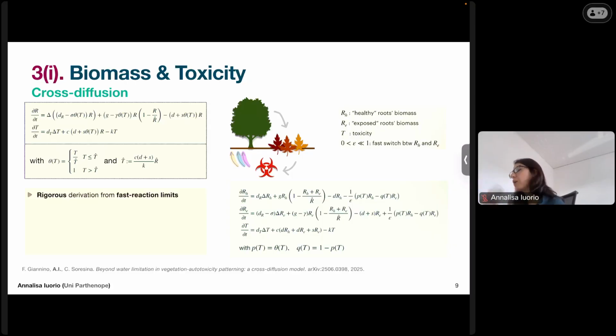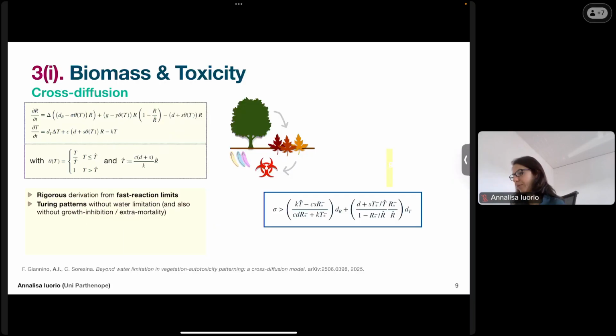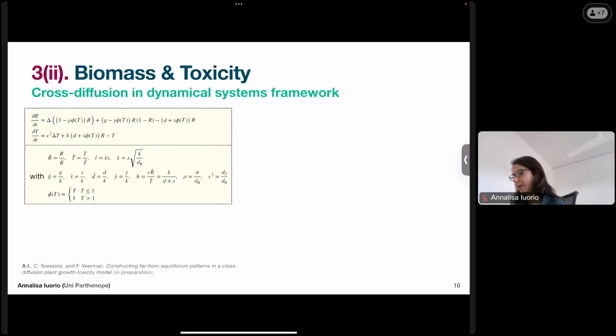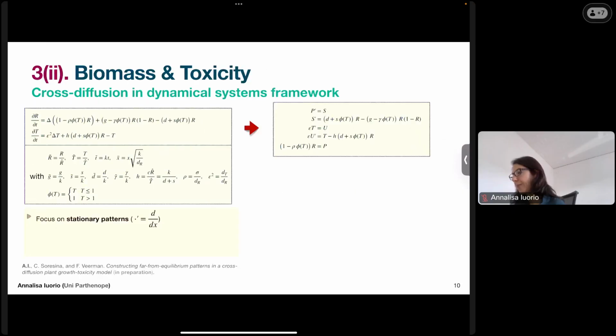But you can always go back, because of the relation that you have between R, P, and T, that is represented by your algebraic constraint at the end. So in principle, all the information that you gain from the dynamical systems perspective, you can always trace back to your original system.